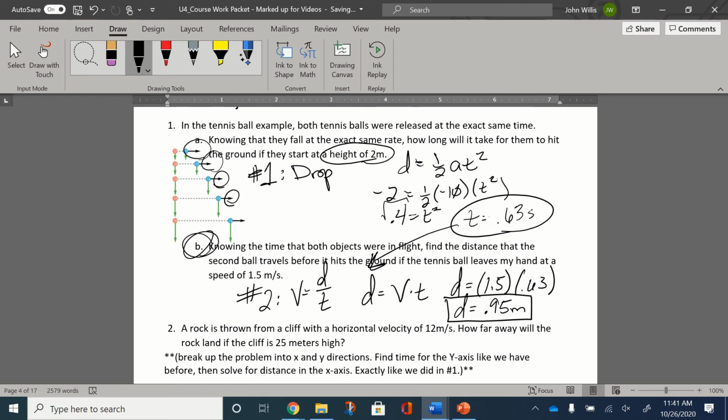So one of the things I really like to do is label my equations with a subscript of the letter Y, in order to differentiate what happens in my y-axis, up and down, from what happens in my x-axis, left and right. That way I don't get dy and dx mixed up, ever.